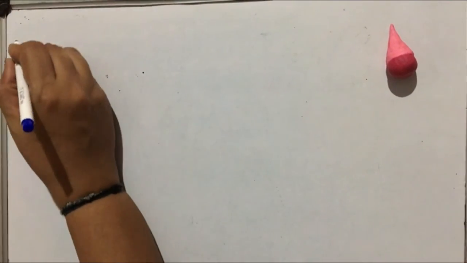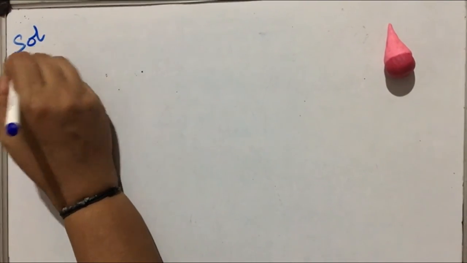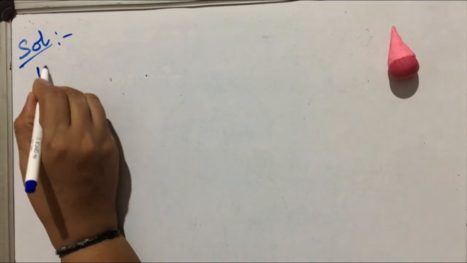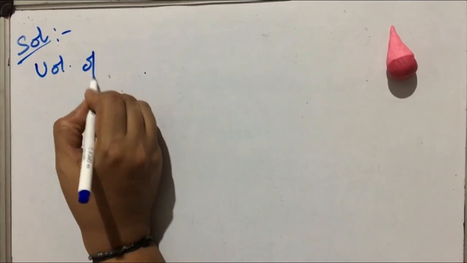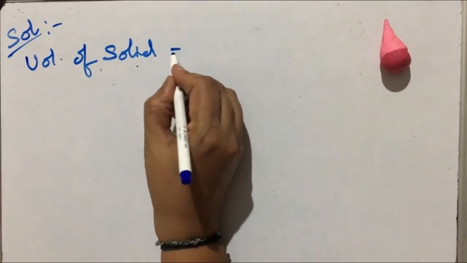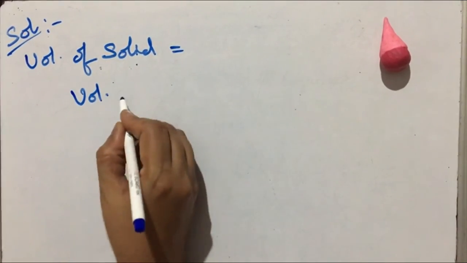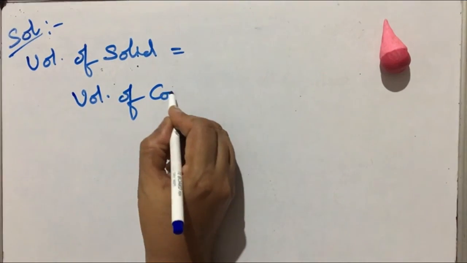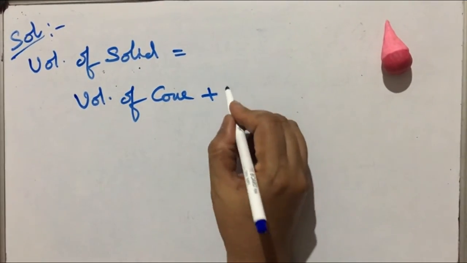Coming to the solution, to find the volume of solid is volume of cone plus volume of hemisphere.